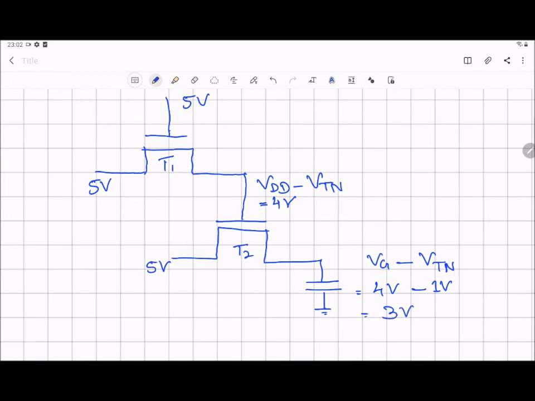So here we can see that if we connect transistors in this fashion, we have a 1 Vt drop with each transistor, and hence we avoid such type of configuration.